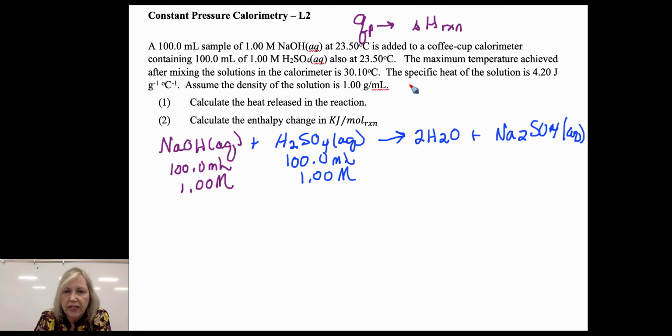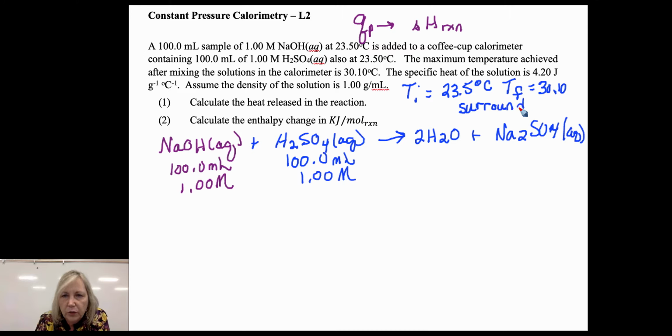We are also given an initial temperature of 23.5 degrees Celsius and a final temperature, the maximum achieved once we mixed these solutions in our calorimeter, of 30.10. Now note that this is the temperature change of our surroundings.